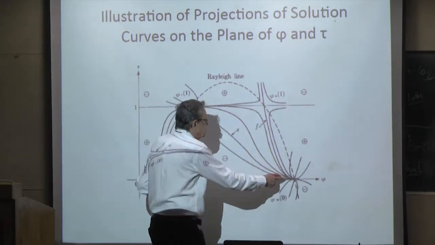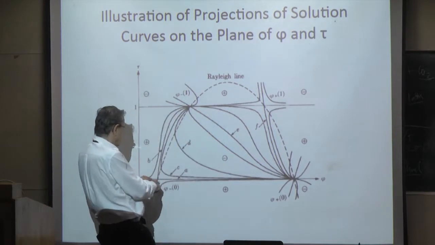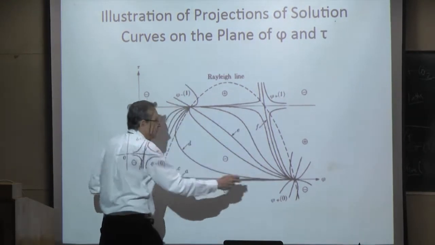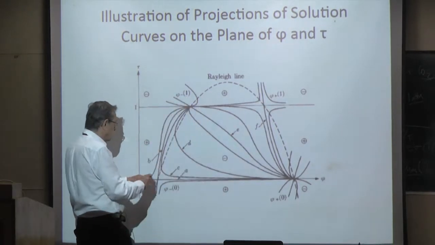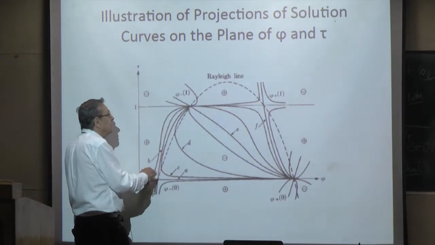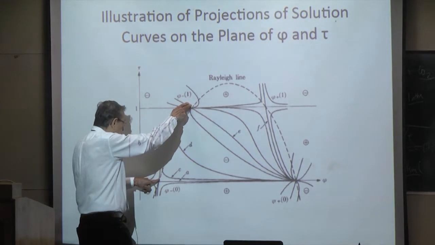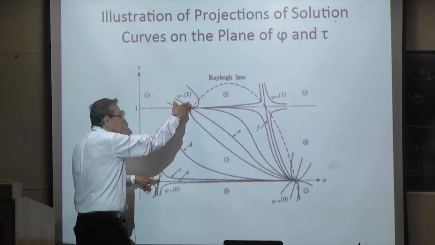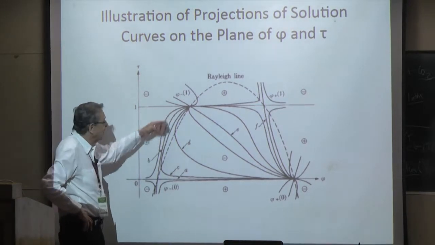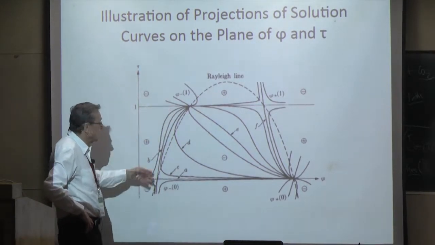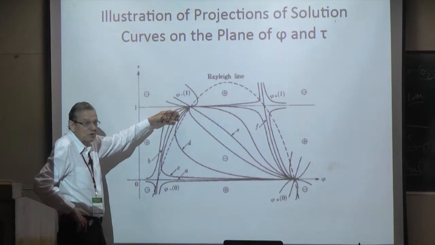For weak detonations, the situation is just like going from here to here, going from a node to saddle relation, just like for a deflagration, node saddle. So the laminar flame problem for deflagrations is an eigenvalue problem.